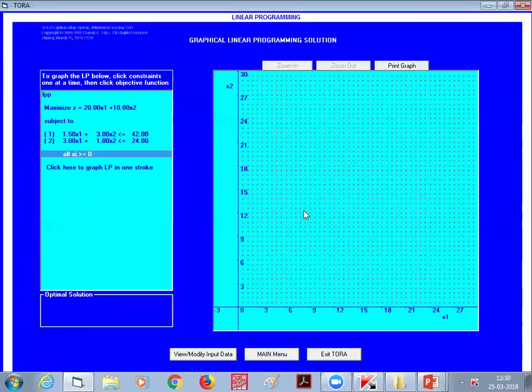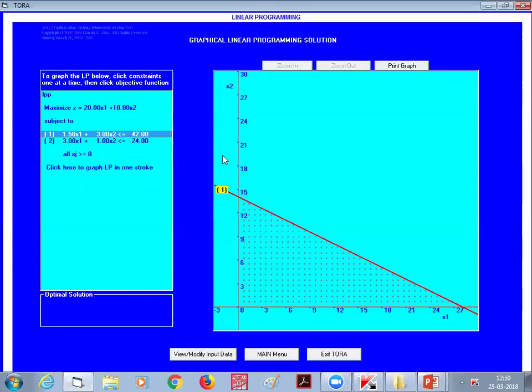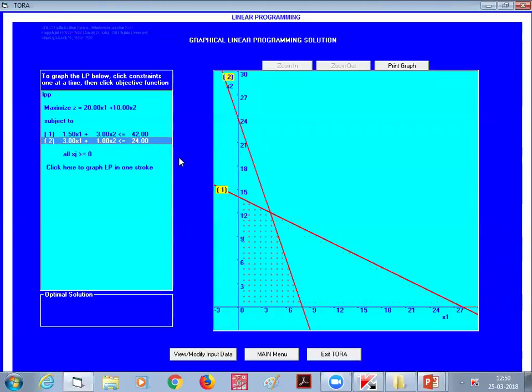So let's solve it. First one, of course, is the machine time constraint. So 28 on that side and 14 on that side. Next is the craftsman time constraint. So I think 8 on this side and 24 on that side.